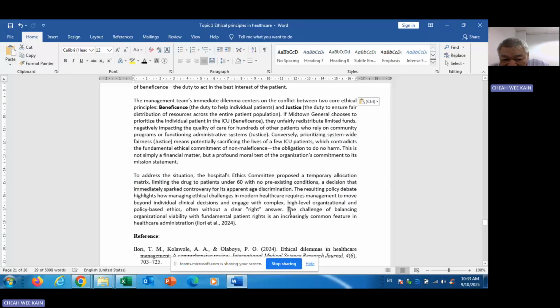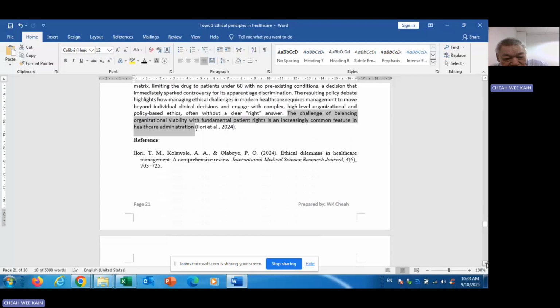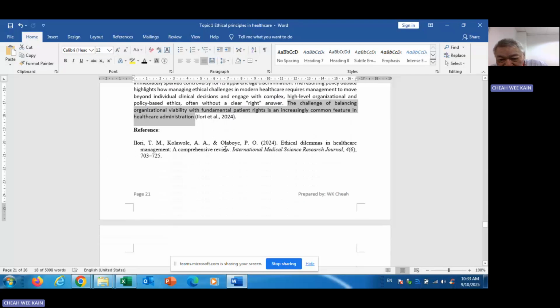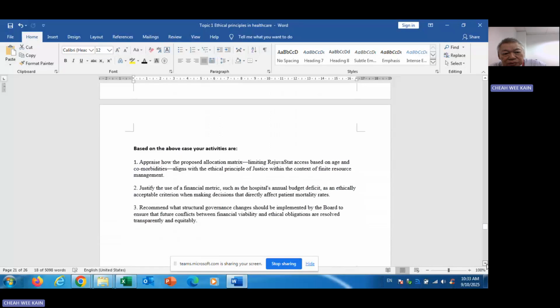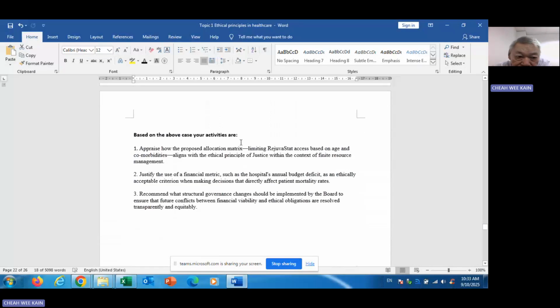So it's the challenge of balancing, and it's very, very common. This is a reference, you can look at this journal. Now, what I want you to do, based on the above, is appraise how the proposed allocation matrix aligns with the particular principles. I want you to think.